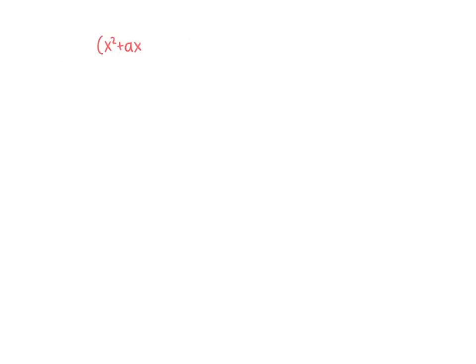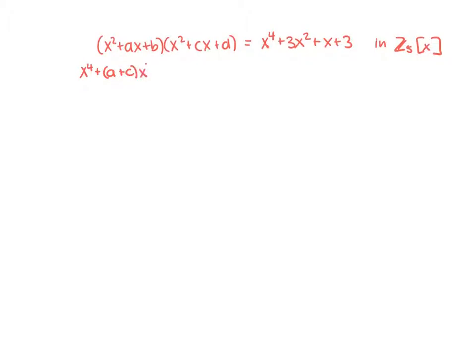So we had x squared plus ax plus b times x squared plus cx plus d, and that was equal to x to the 4th plus 3x squared plus x plus 3 in Z5. All right, so expanding over here, we get x to the 4th plus a plus c times x cubed plus d plus ac plus b times x squared plus ad plus bc times x plus bd.